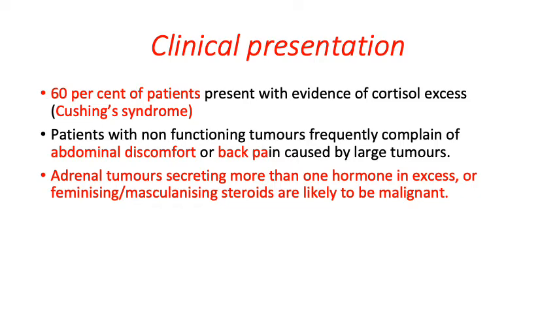Patients with non-functioning tumors usually present with abdominal discomfort or back pain caused by large tumors. Adrenal tumors secreting more than one hormone in excess, or feminizing or masculinizing steroids, are likely to be malignant.